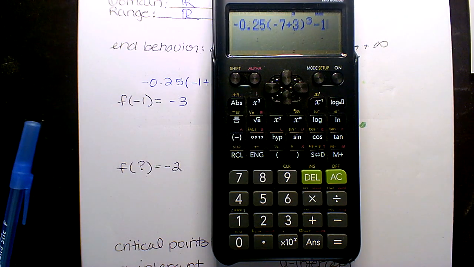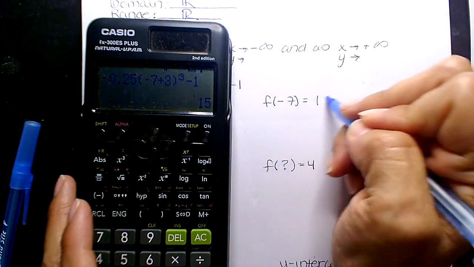Just make sure if it's a 3, you consciously stop what you're doing and say it's a cube, and you hit the cubic button, okay? It happens every quiz, every test, you guys. I haven't had a class that hasn't done that. Okay, I hit equal, and I get 15. Are you guys okay with that?